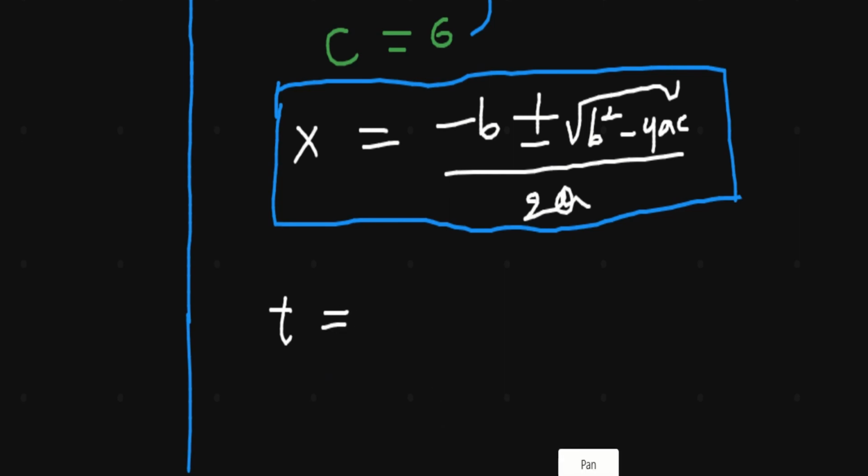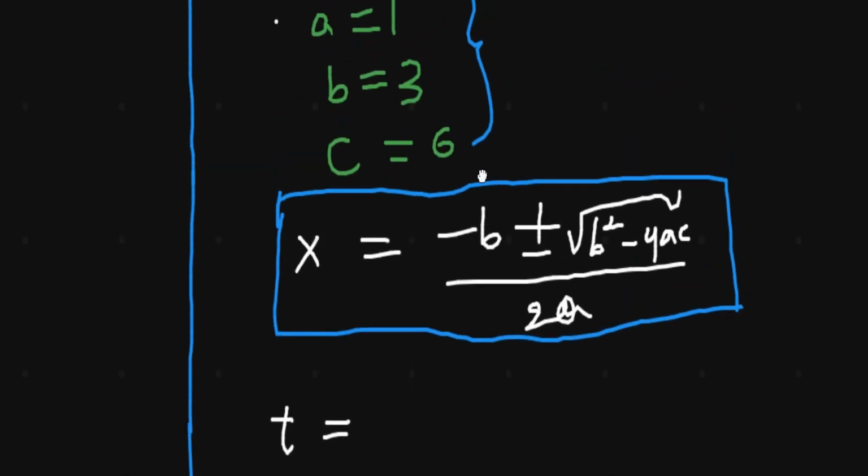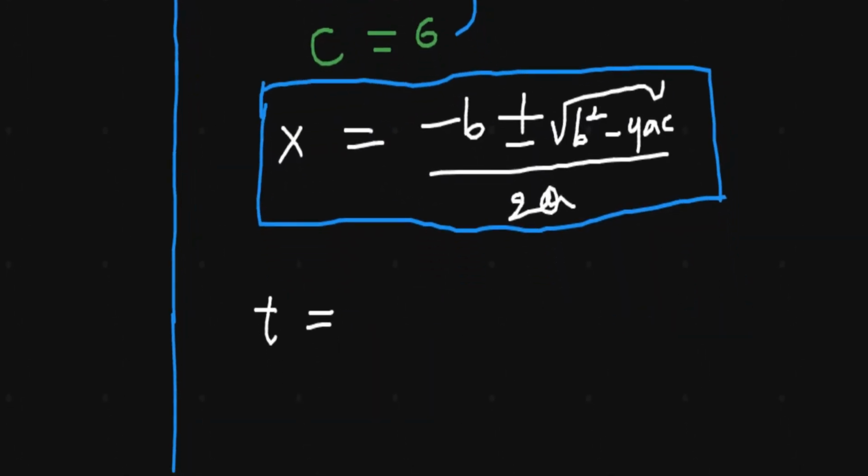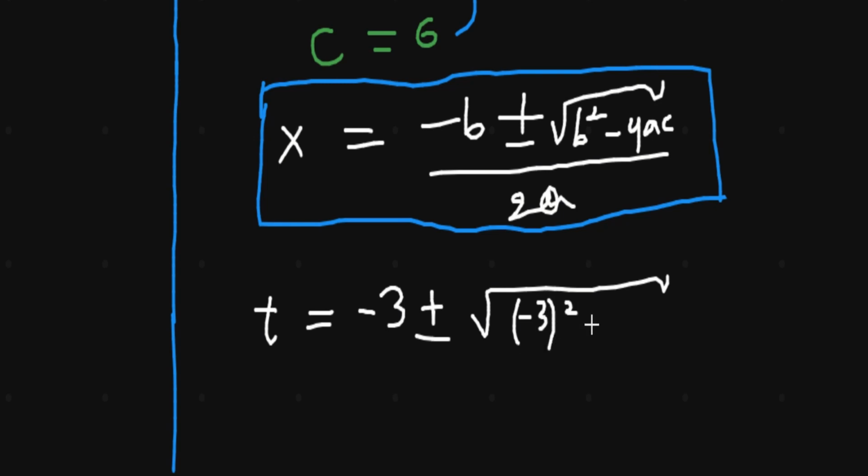We have the value of b is 3, minus 3 plus or minus square root of minus 3 whole square minus 4 into 1.